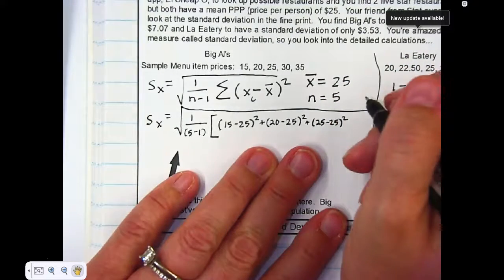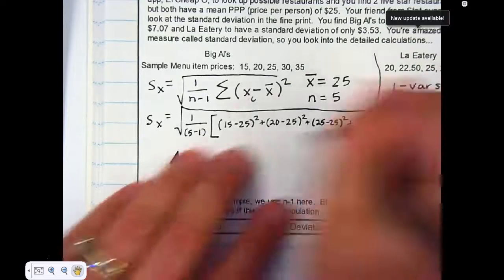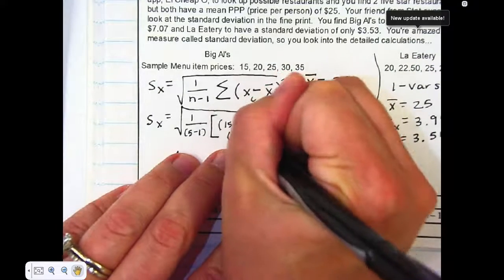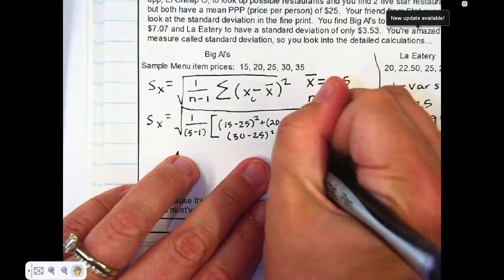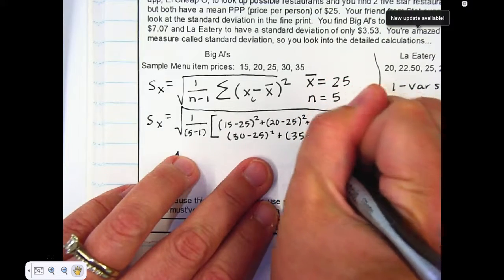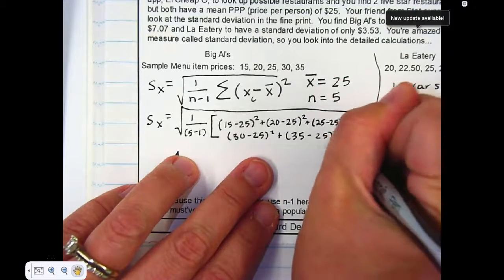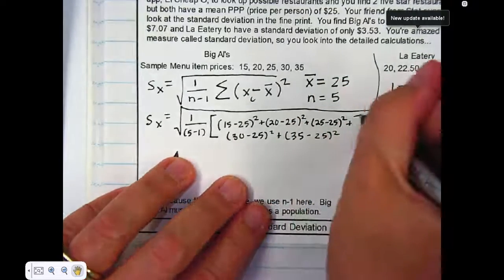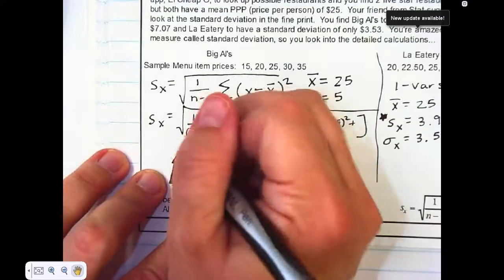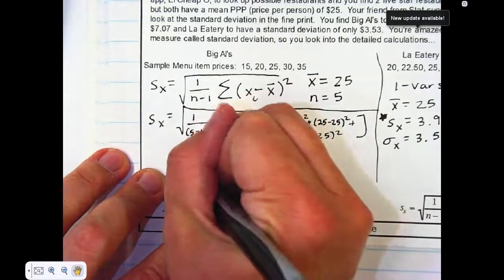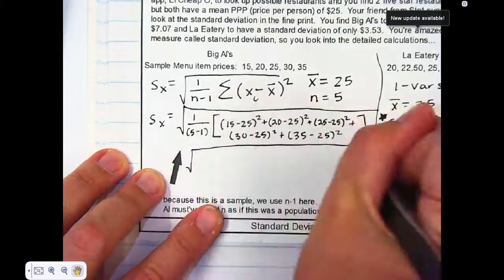I'm hoping I don't run out of room. Plus, I'm going to go to the next line, 30 minus 25 squared plus 35 minus 25 squared. Now, I ran out of room, but again, note we're going to do all that first. Okay, so then from there, I'm just going to go ahead and do some simplification.